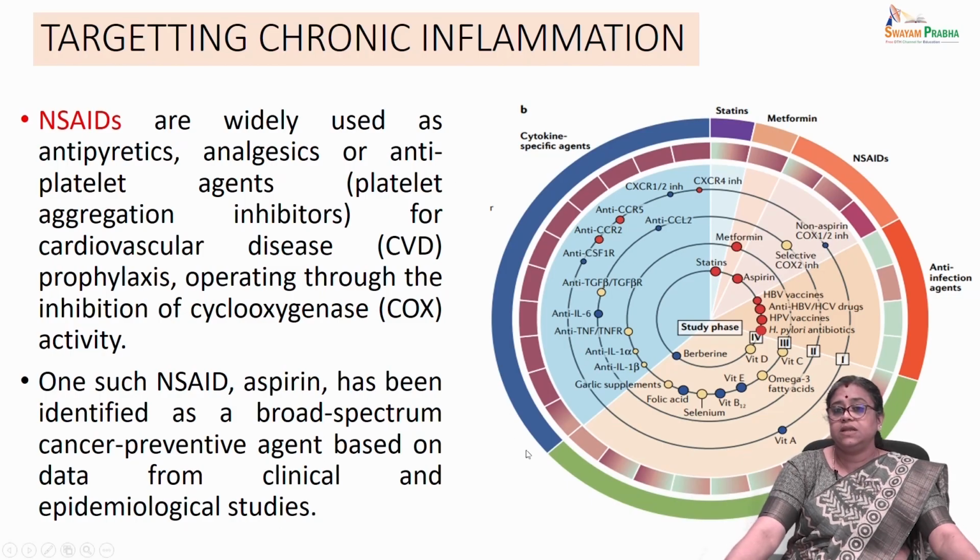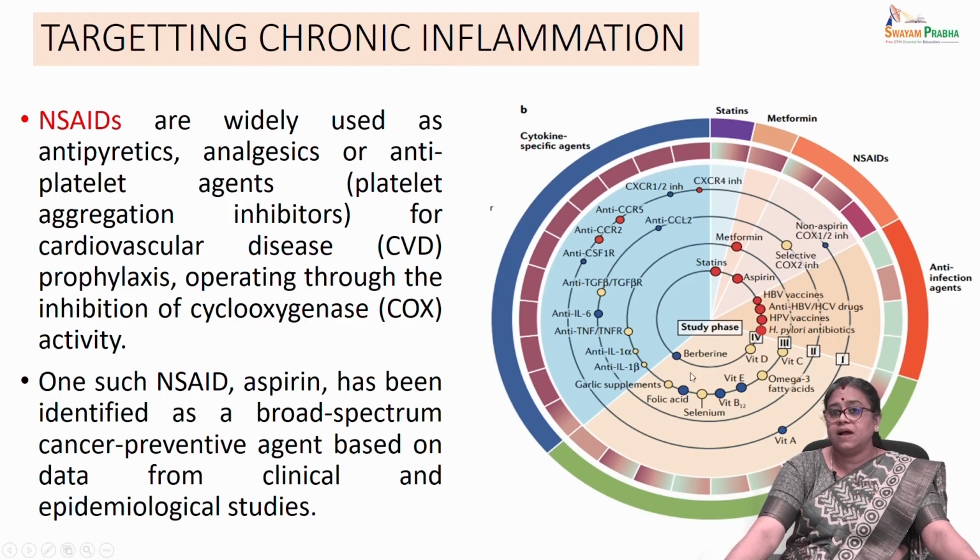If you see, these come under several categories. You have the statins, the metformin, the NSAIDs, the anti-infection agents, and several natural supplements which are coming as nutraceuticals. All these are promoting anti-inflammatory properties in the TME. All these are known to have some effect in bringing down inflammation, such as berberine, selenium, and omega-3 fatty acids.